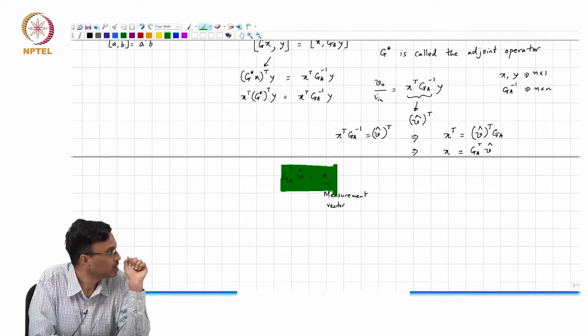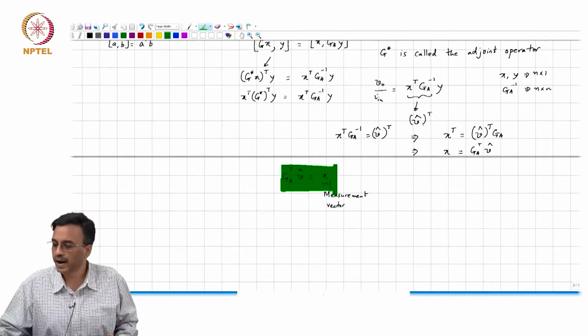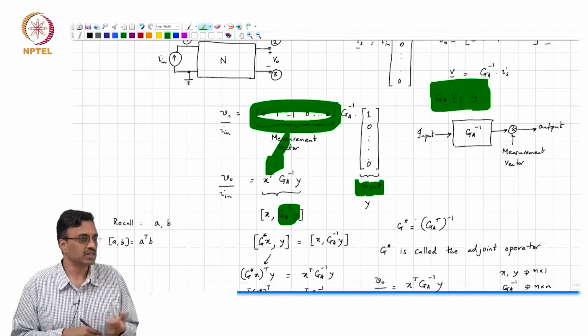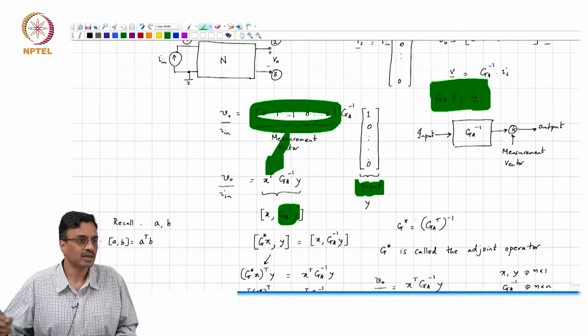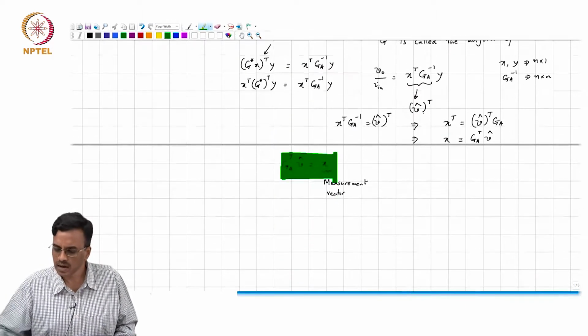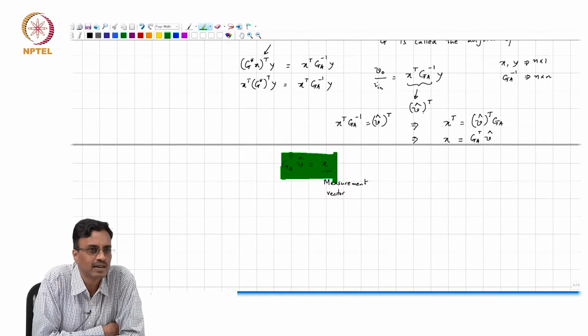And once we find V hat, finding the individual transfer functions from the multiple inputs is simply a matter of multiplying. Once you find V hat, what do you do?